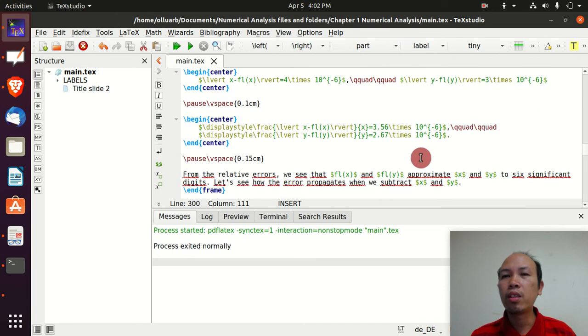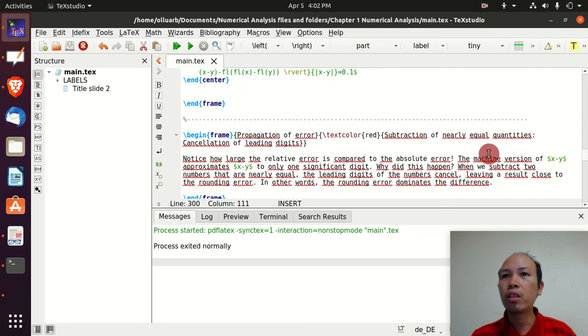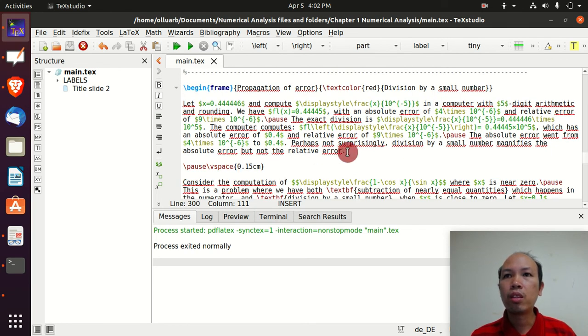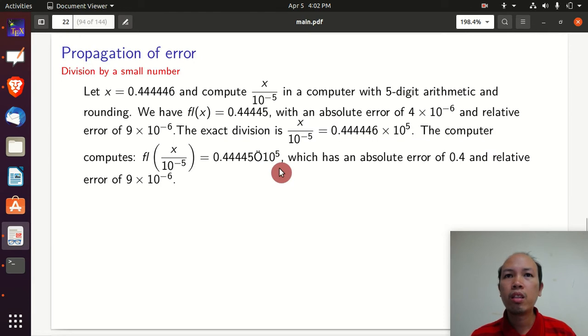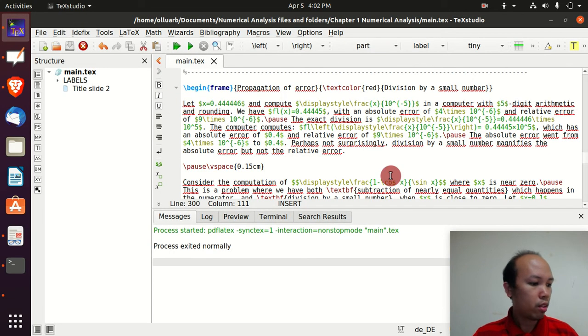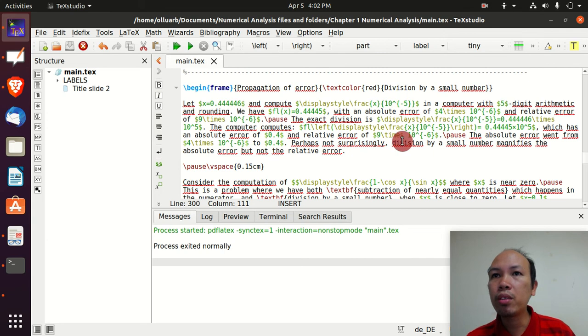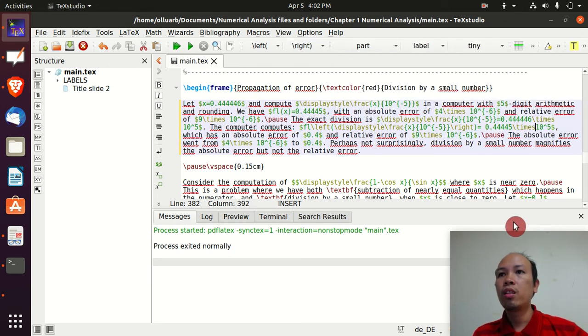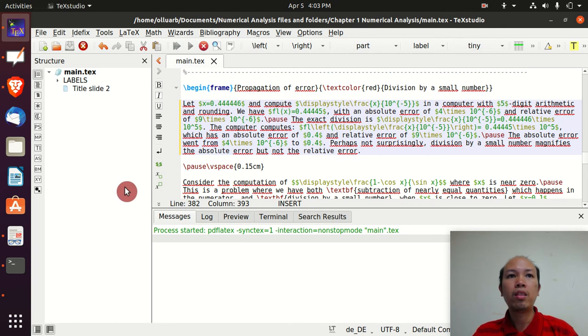We have subtraction, this is division, and times 10 to the 5. This one here, FL of x, the exact, the computer computes this one. Sorry, but this is times. Okay, run.